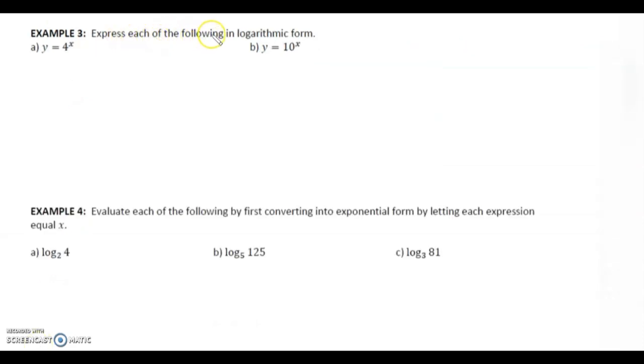So express each of the following in logarithmic form. Again, y equals log base a of x is the same thing as writing a to the y equals x. In this case, we have y equals 4 to the x. If we have y equals some number a to the x, this is going to be the exact same thing as saying x equals log base a of y, right?